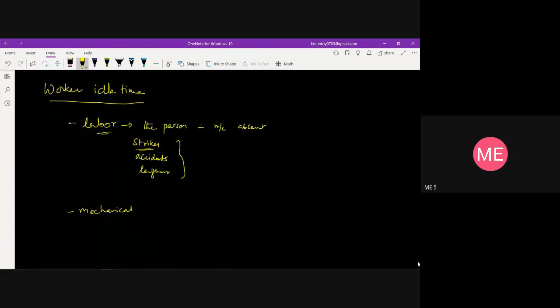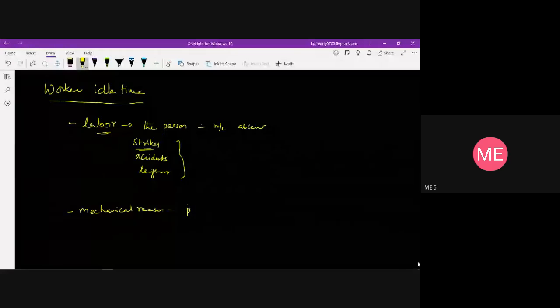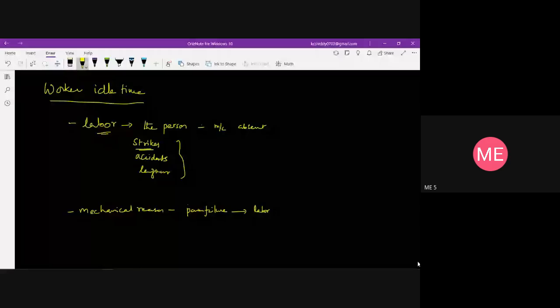Similarly, there will be some mechanical reasons, for example power failure. Because of a power failure, the laborers are forcibly made to be idle, because during a power failure we cannot run the machine without power.